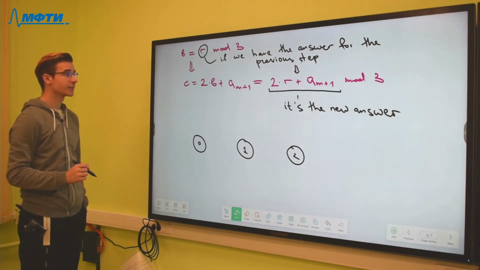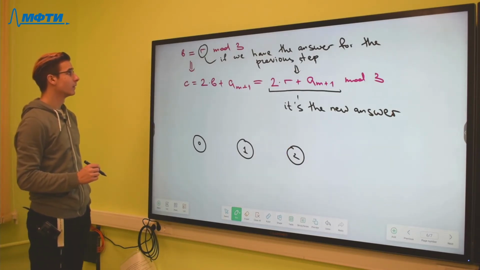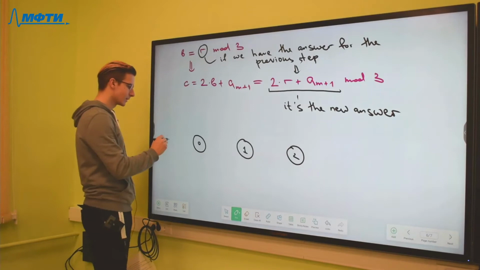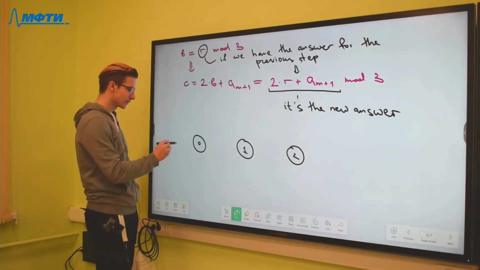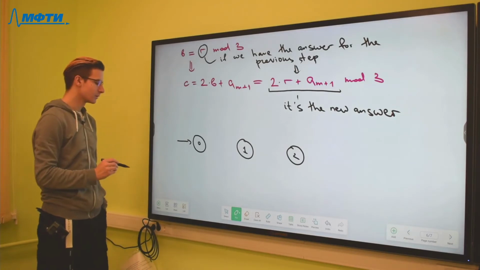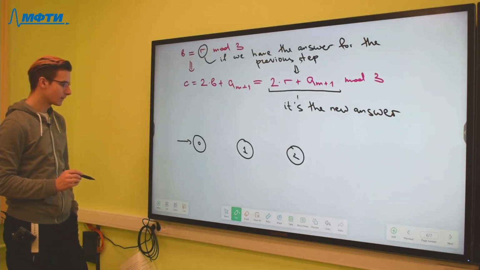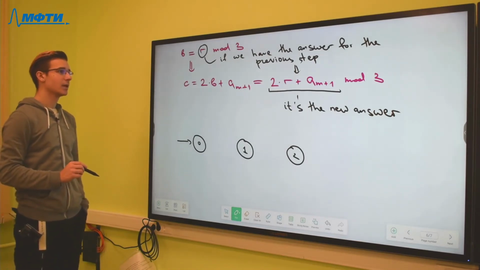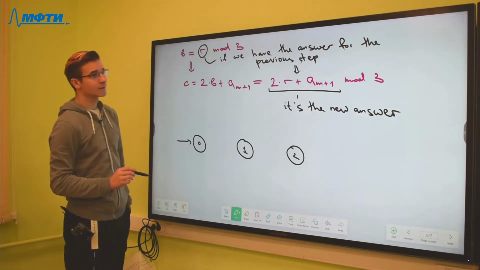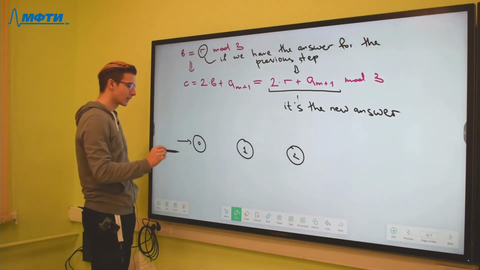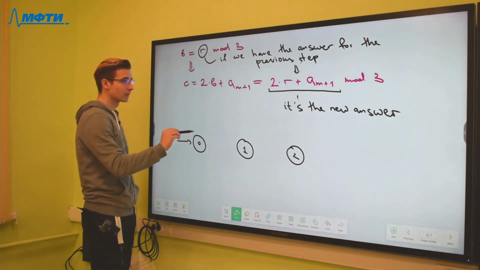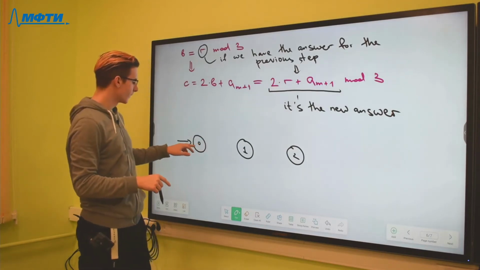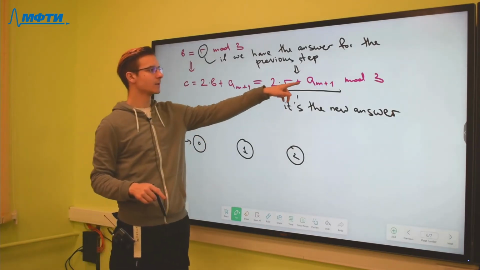That I equal to these three residues. And we know that initially we have 0, so the initial state is 0. For example, if we see that the first character is equal to 0, then the new residue is equal to 2 multiplied by the previous answer, 0, plus 0.